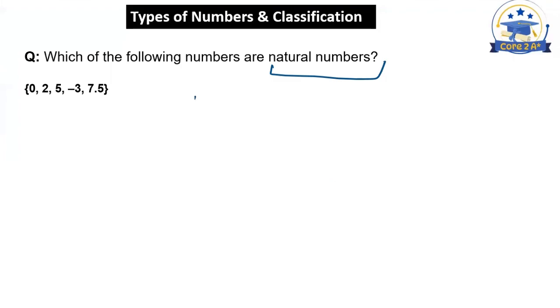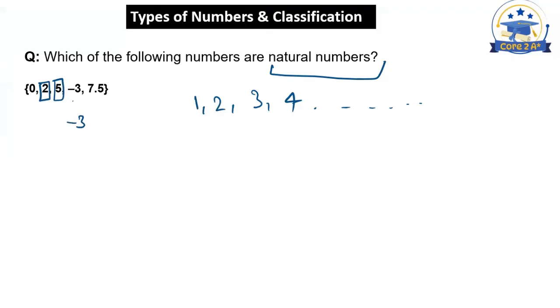So we start counting from 1, 2, 3, 4, and so on, right? We have to figure out which one is the natural number and which one is not. But here we don't have any 0 and we don't have any negative number. And here we don't have any decimal numbers, right? So pick a natural number, a proper single beautiful number, that is 2 and 5.